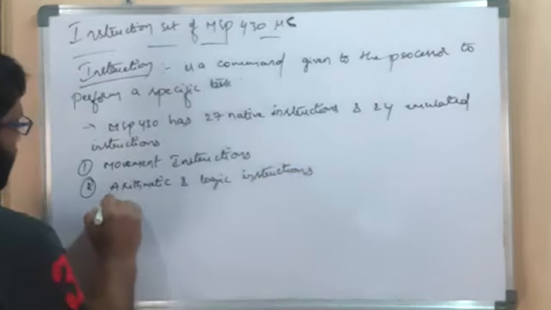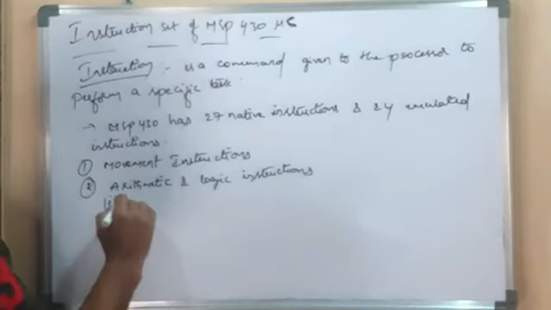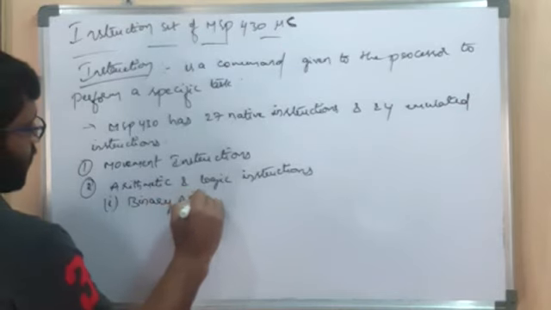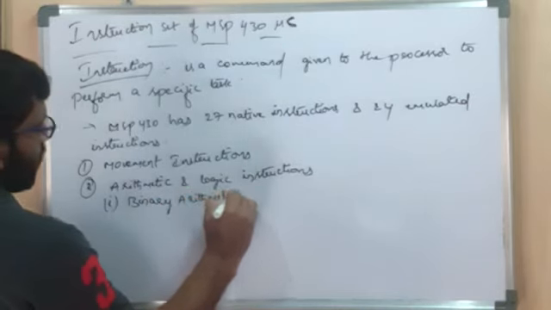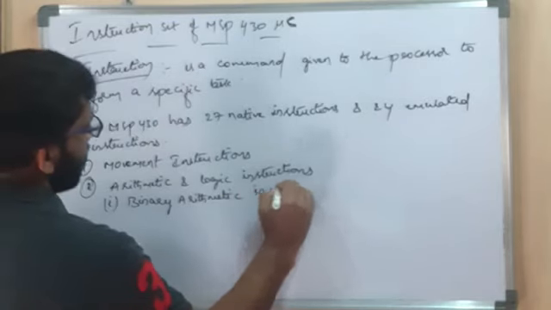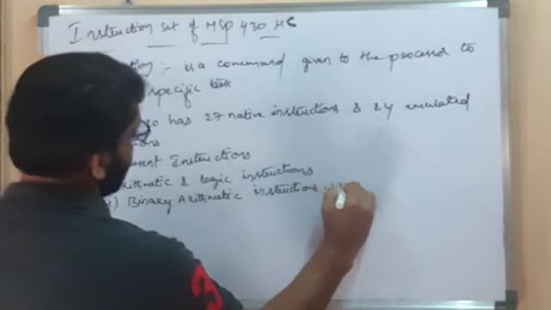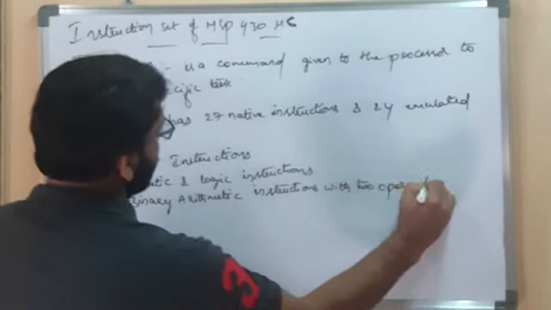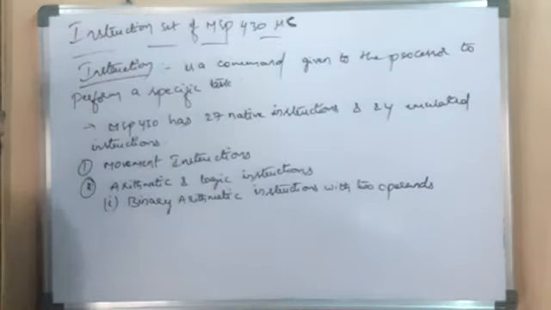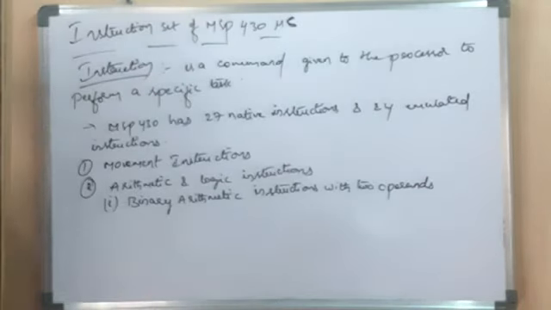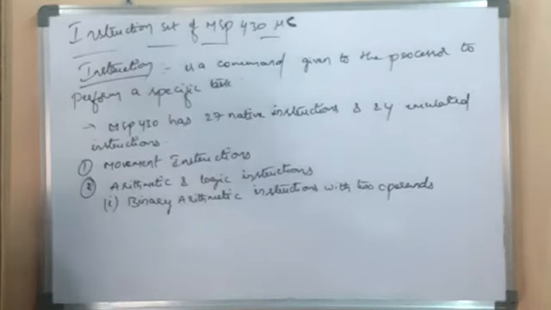In these subparts we have binary arithmetic instructions with 2 operands. The instructions are available in the form of 2 operands or a single operand. Operands are nothing but source and destination.